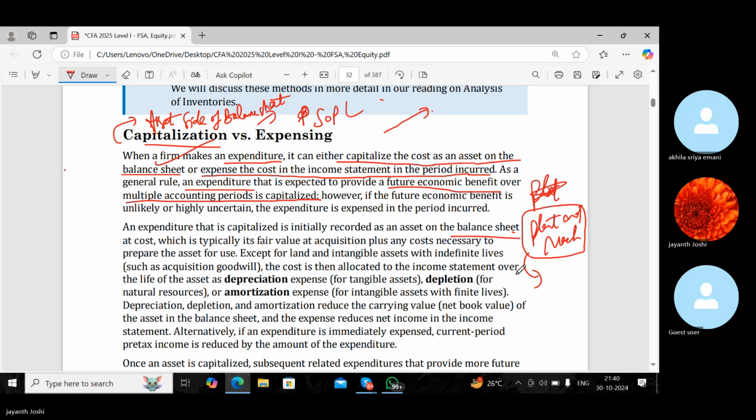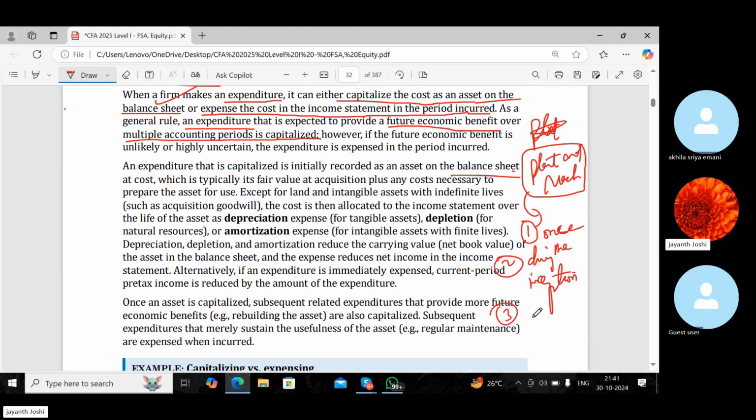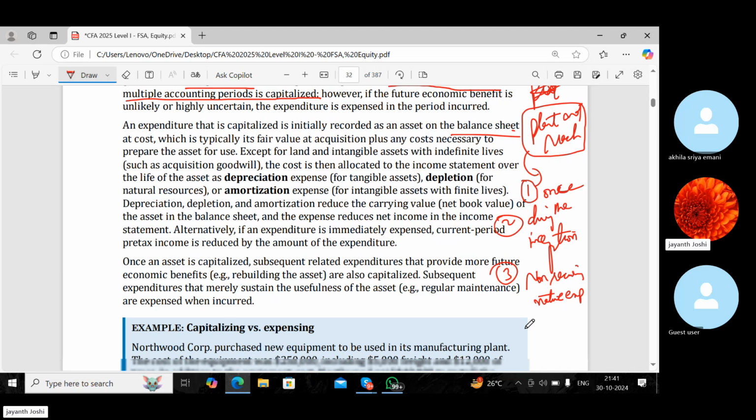This particular plant and machinery is purchased once, during the inception. First of all, you purchase that at once. Second point, you purchase them during the inception. Third, it is a non-recurring nature expense. Fourth, it will provide you future economic benefits over the lifetime.